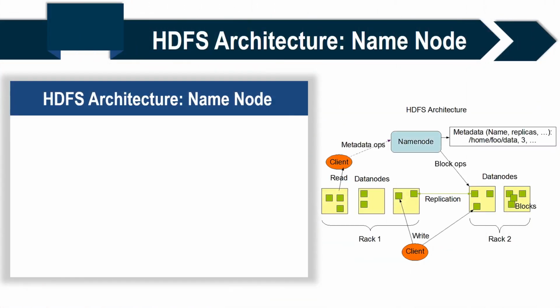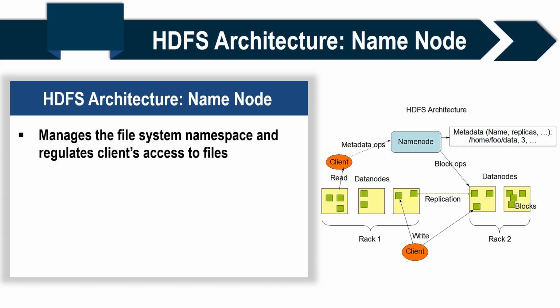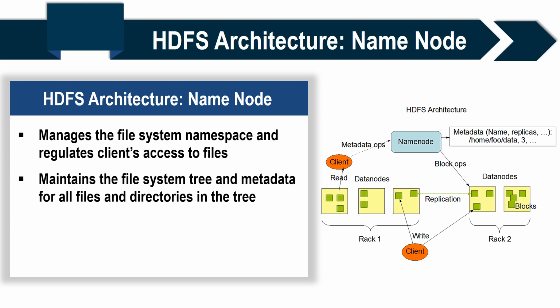Now let's look at the name node. The name node manages the file system namespace and regulates client access to files. It maintains the file system tree and metadata for all files and directories in the tree. In version 1 of Hadoop, there used to be only one name node, and most of the time that used to be the single point of failure.